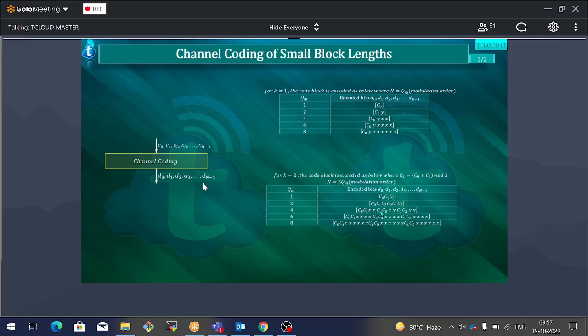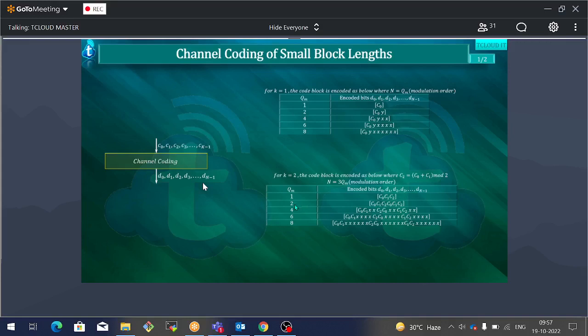For example, you can see that X is getting repeated when, if your small block length is only 2 bits, for example, you generate the third bit c2 with c0 and c1 modulo 2, and then how do we place it depends on your modulation technique. If your modulation technique is QPSK, BPSK, etc., in different cases, how do you transmit that? Because it is 3 bits, the 3 bits would be sent like this: two original bits plus 1 bit additionally generated.